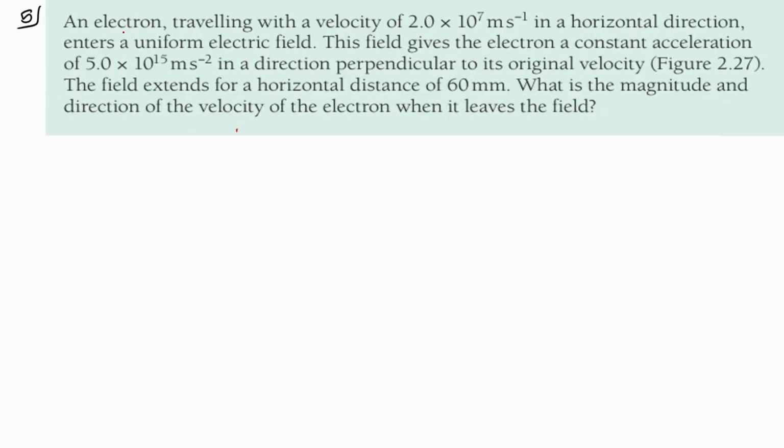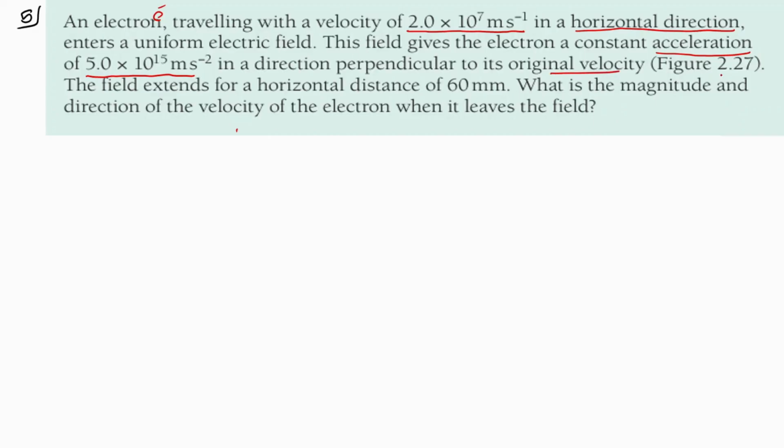Question number 5 says an electron traveling with a velocity of 2 times 10 to the 7 meters per second in a horizontal direction enters a uniform electric field. This field gives the electron a constant acceleration, and they give a value over here, in a direction perpendicular to its original velocity.